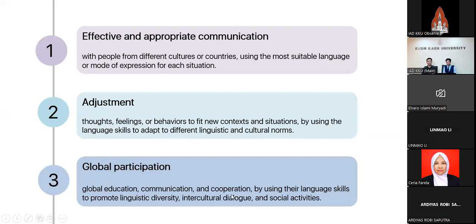Something like in KKU, based on my experience, we have Thai language courses, and KKU also provides our students some courses based on the language. Two days ago, I attended a Chinese course in KKU. Oh, that's nice. Yes, I can say a little bit, like ni hao, something like that. That's actually really good.